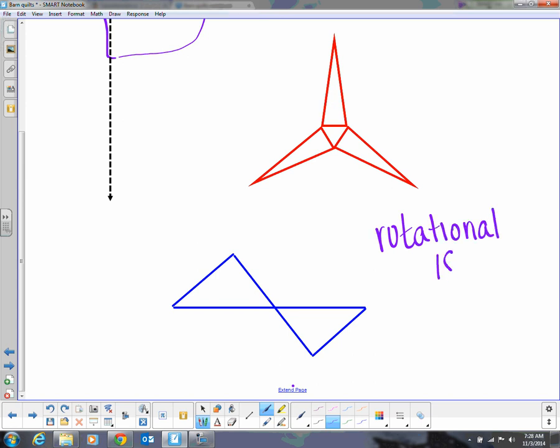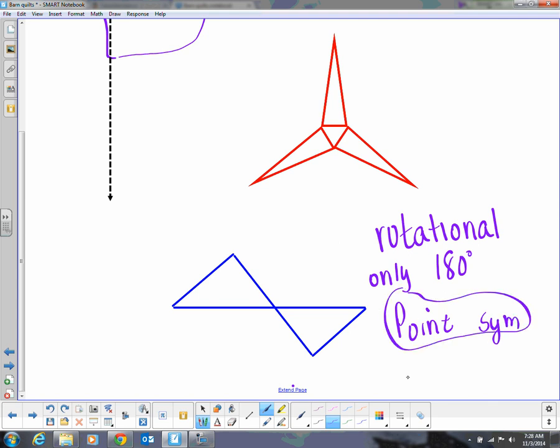It's 180 degrees. And when it only has 180 degrees, it's called point symmetry. You're going to see this next year in Algebra 2. When you have a function f of x equals x to the 3rd power, that's point symmetry about the origin. It's 180 degree rotation. So these pictures are going to become graphs next year. Other questions?